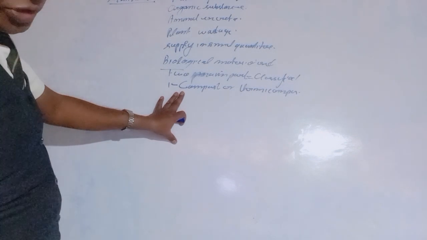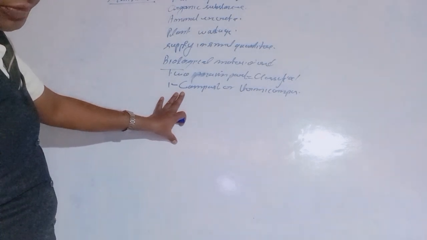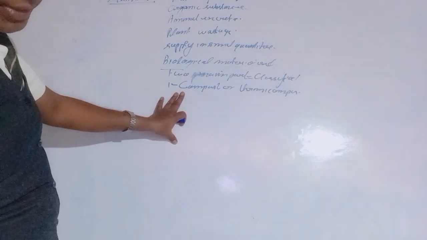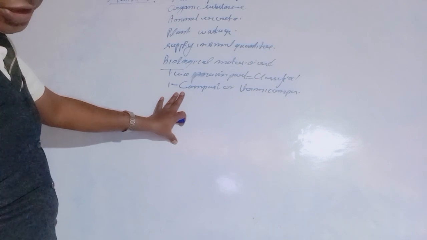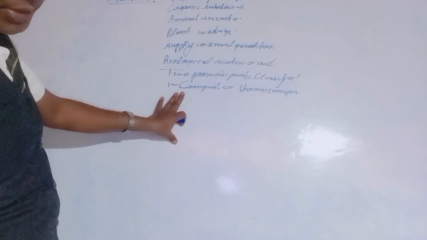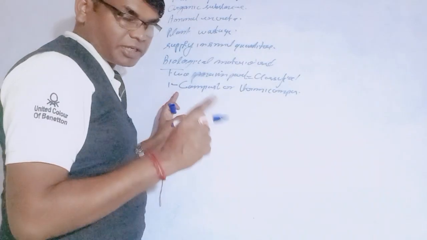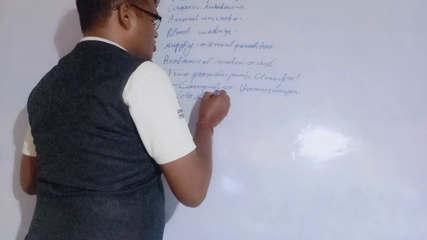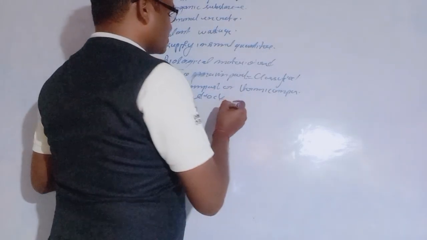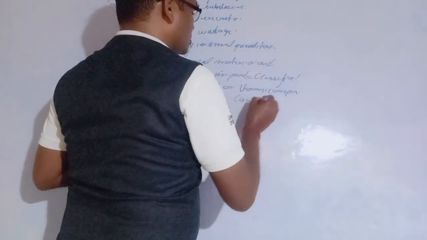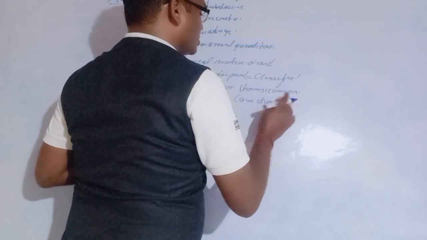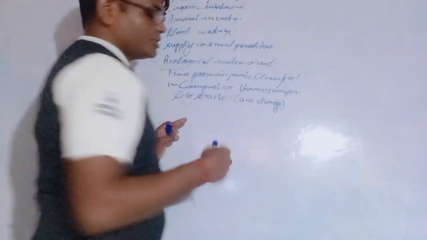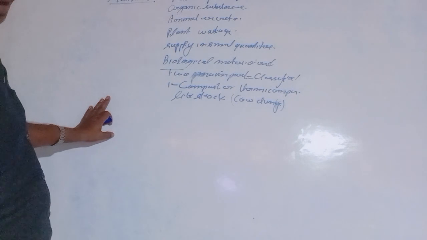Compost is a process in which farm materials like livestock waste, that is cow dung, are used.